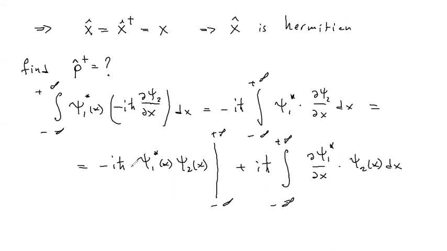Let's pay attention to the surface term. If my psi1 and psi2 are arbitrary functions, then first of all, the integral, the average itself may not exist. But if my wave functions are not arbitrary functions, what should be the value for these functions at infinities? They should go to zero at large distances.